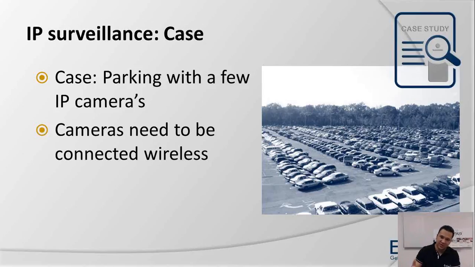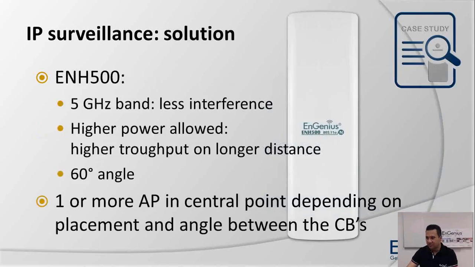Because of the distance, we quickly decided to go for a 5 GHz solution, and in this case we selected the ENH 500. Because of this specification, we have 5 GHz with less interference. We can use higher power, like I mentioned before, and the 60-degree angle is very important to consider.